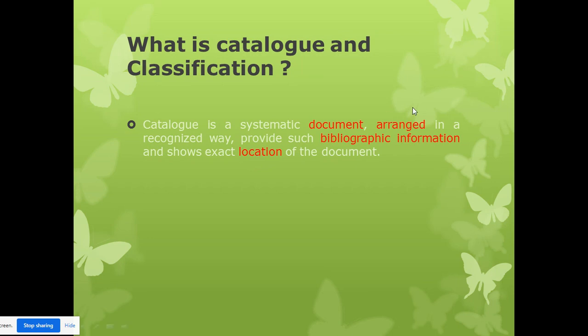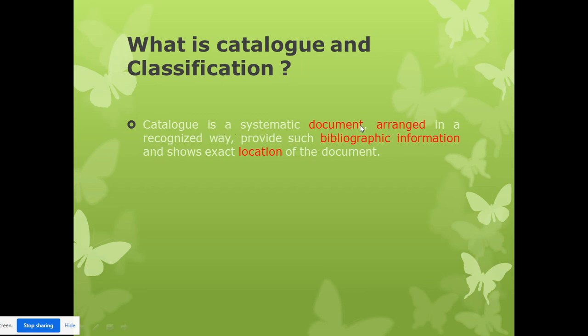So what is a catalog? A catalog is a systematic document. Number one, it is a systematic document. Then what is in a systematic document? It is arranged in a recognized way.